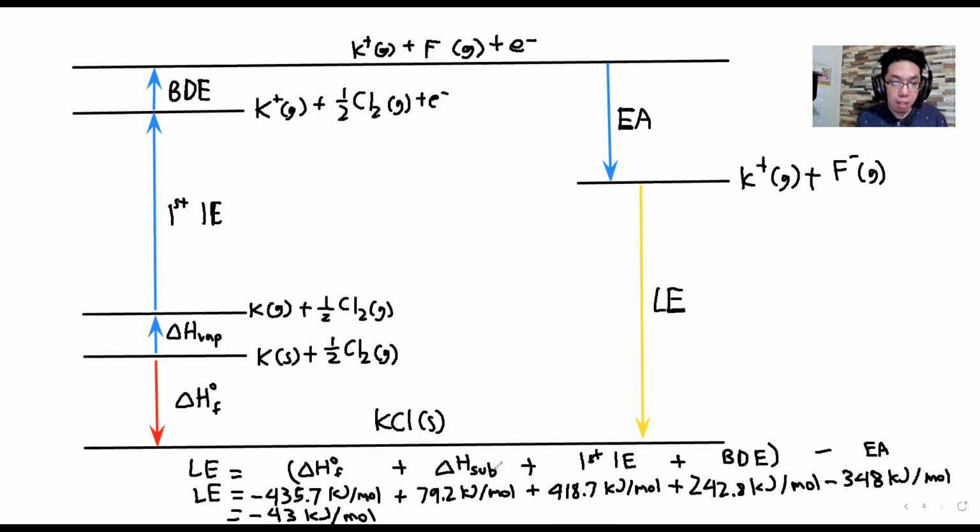So, I'll just write the values here. Para hindi lang ako malito. 79.2. That's correct. kJ per mole. And then the first IE is 418.7. And then BDE is 242.8.